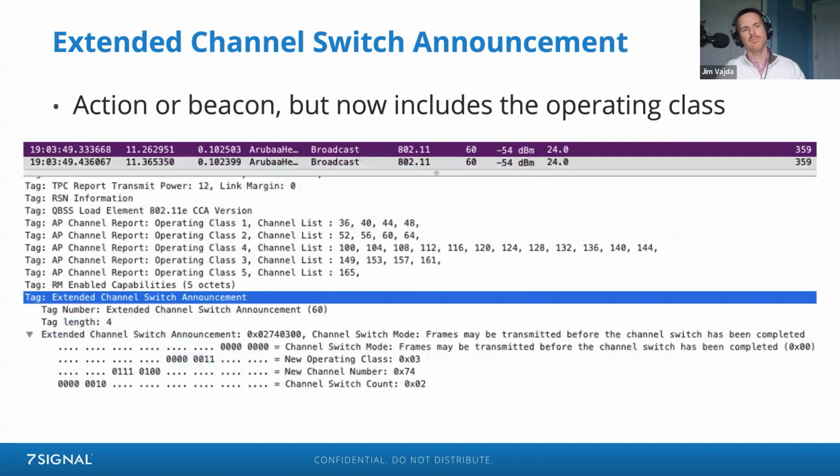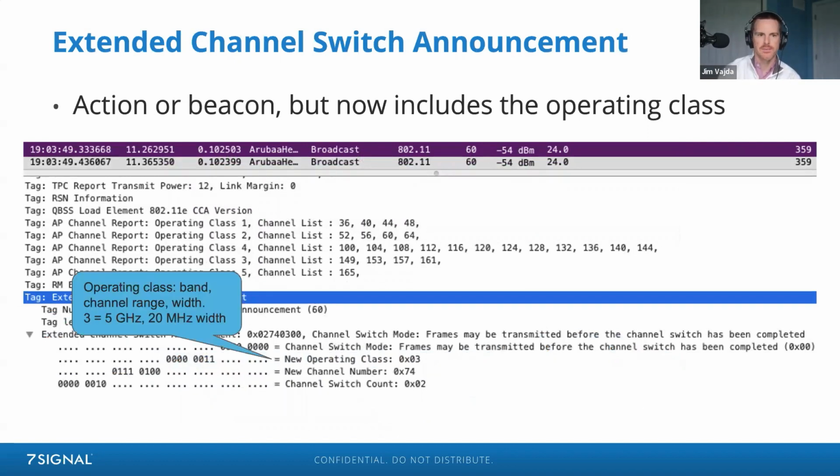There's another frame format called the extended channel switch announcement that can also be sent as an action frame or appended to a beacon. The difference here is this adds the operating class, which tells the client a little bit more about where it's going to go: what band it's going to be in, what range of channels it'll be in, and also the channel width.